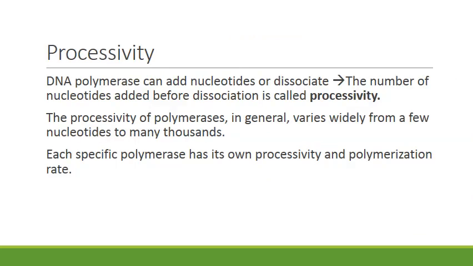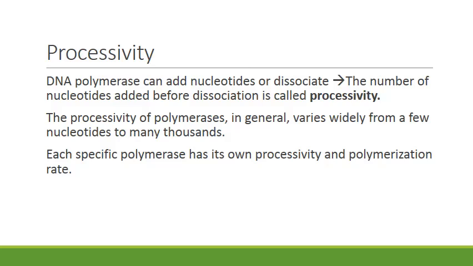DNA polymerase can add nucleotides or dissociate. The number of nucleotides it can add before it dissociates is called processivity. The processivity of polymerases in general varies widely from a few nucleotides to many thousands. Each specific polymerase that we'll talk about has its own processivity and rate of polymerization.